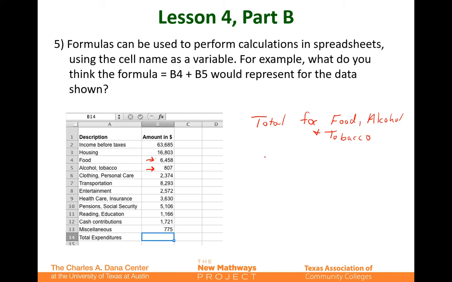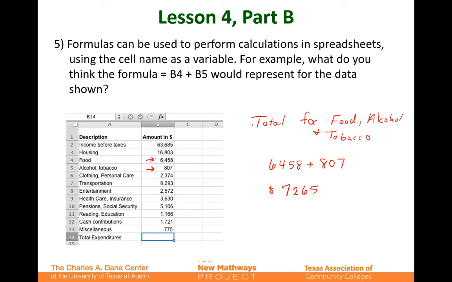You can see in this case it would be 64.58 plus 807. If we need to add that, we could do it by hand or we can get our calculator. 64.58 plus 807, bringing us to 7265.